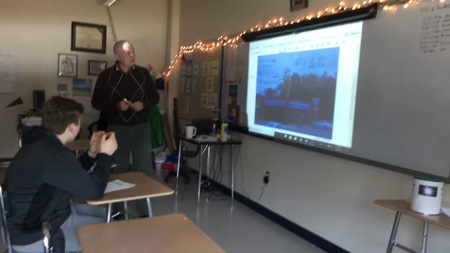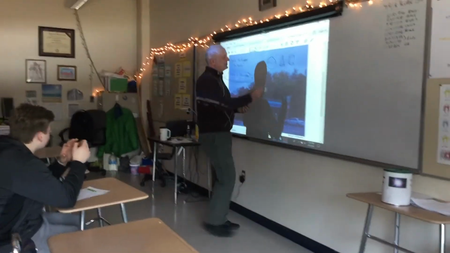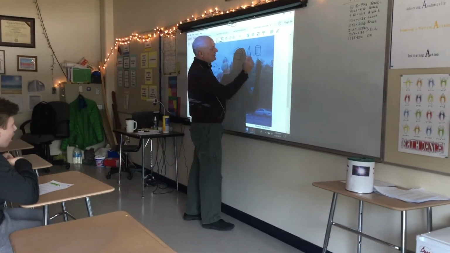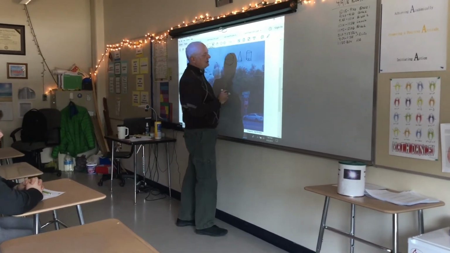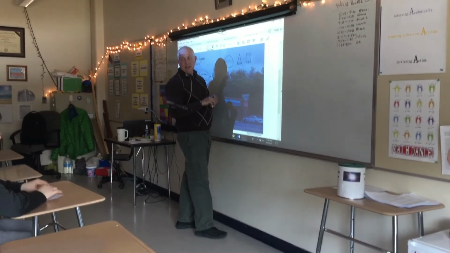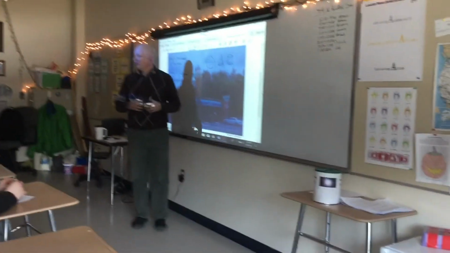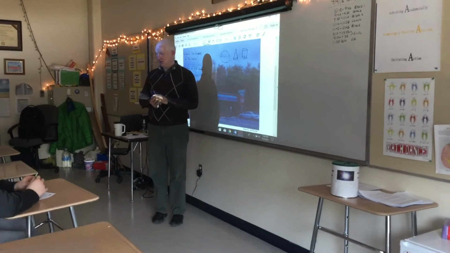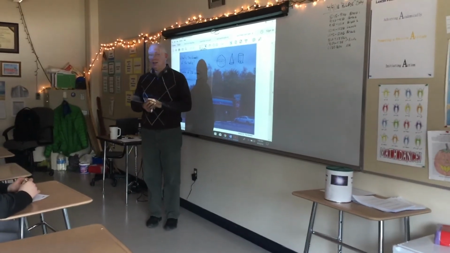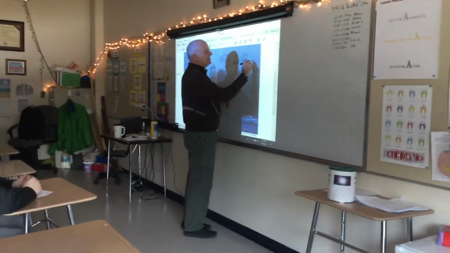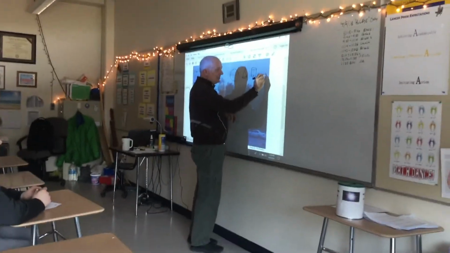So let's think about a cylinder for a moment. What's the base down here? The base is the area of the circle. What's the area of a circle? Remember? It's pi times r squared.